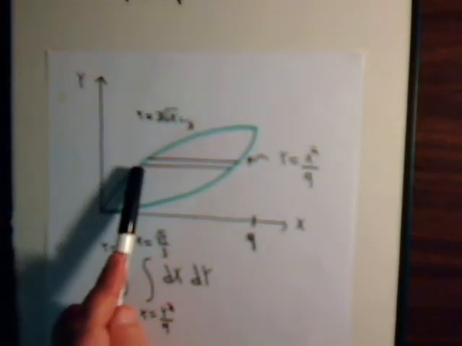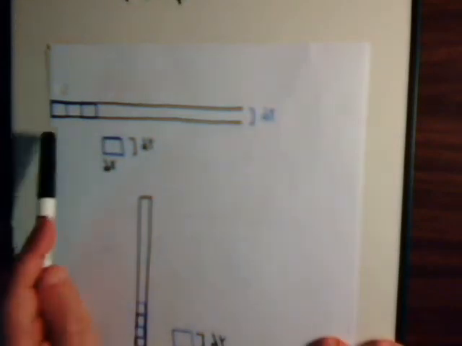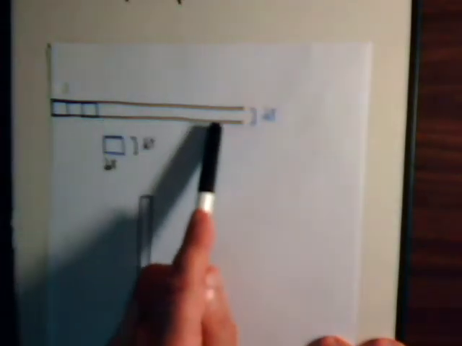Then we have to consider what are the limits on x. For a horizontal strip, we have a series of differential rectangles of dimensions dx and dy, and we are summing these in the x direction.